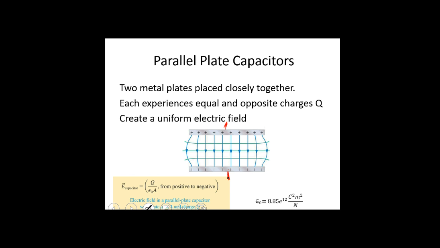What we do with these plates is we charge one with excess positive charges, and we charge one with excess negative charges. And again, that creates an electric field that flows from positive to negative.